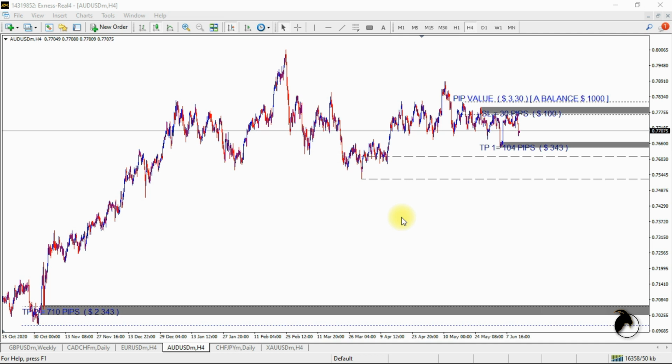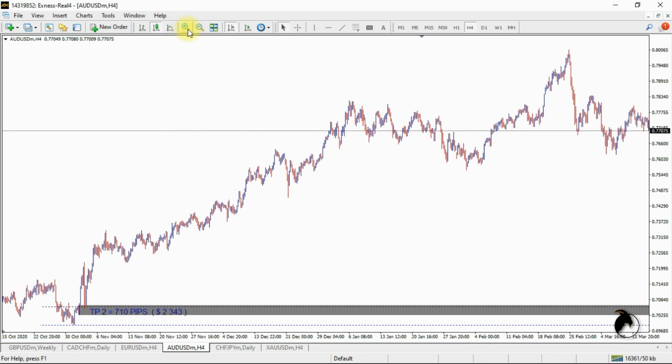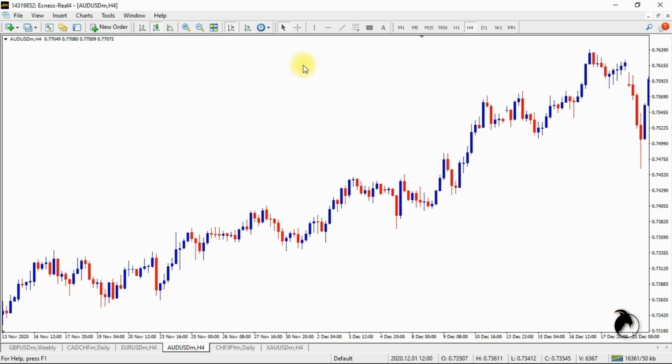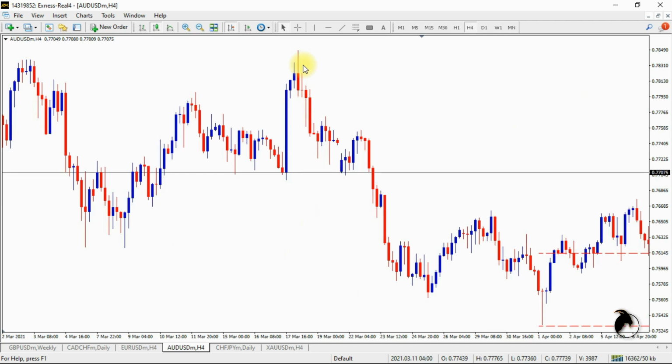If I was using, let's say, 1.00 on this setup here on H4, it means that price will be moving $10 per pip every time it goes either in profits or against me.